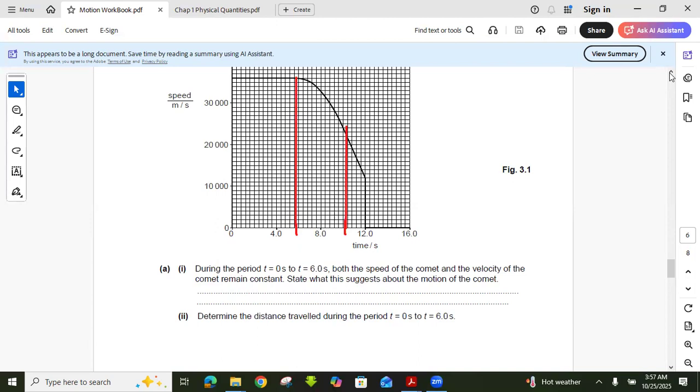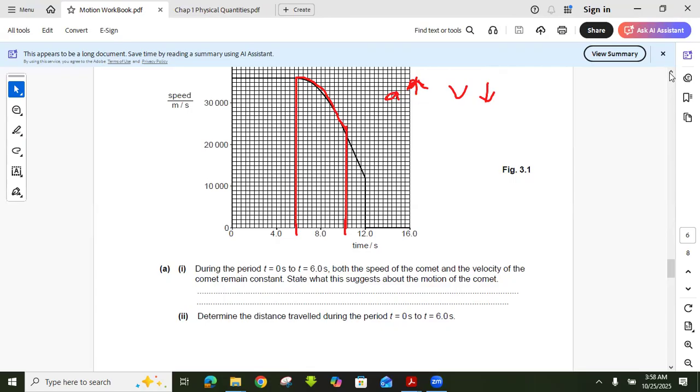What do you think? This is which type of graph? The slope is going down, a decreasing slope. So what does it show? Motion is decreasing. First of all, we have acceleration here, then speed decreases.